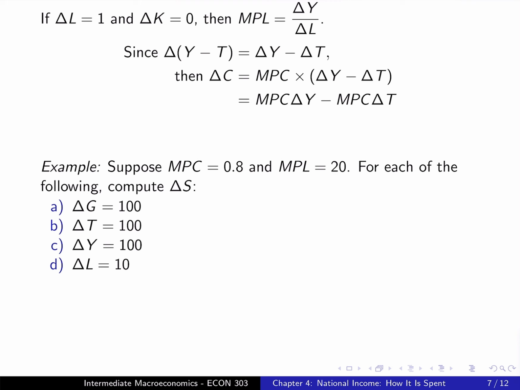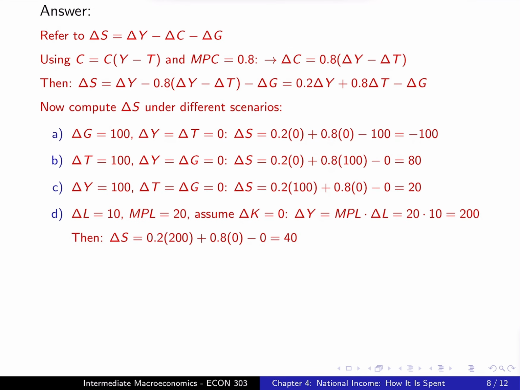Let's work through an example. Suppose MPC equals 0.8, MPL equals 20. For each of the following scenarios, compute the change in saving, delta S. We start from the formula delta S equals delta Y minus delta C minus delta G. Using the consumption function, C is a function of Y minus T, and MPC equals 0.8.